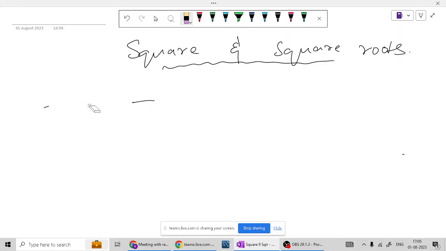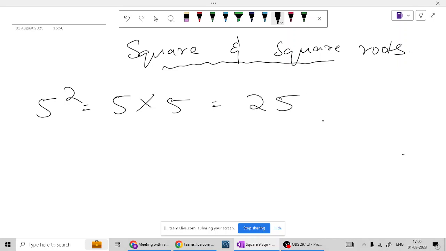Square root is just the opposite of square. The square of 5 is 5 into 5, that is 25. Now this symbol we call root.